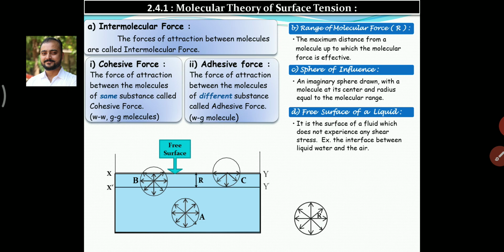For example, the interface between liquid water and air, that particular boundary between the water and the air, is the free surface of liquid, which does not experience any shear stress. You can see in this diagram it is xy.